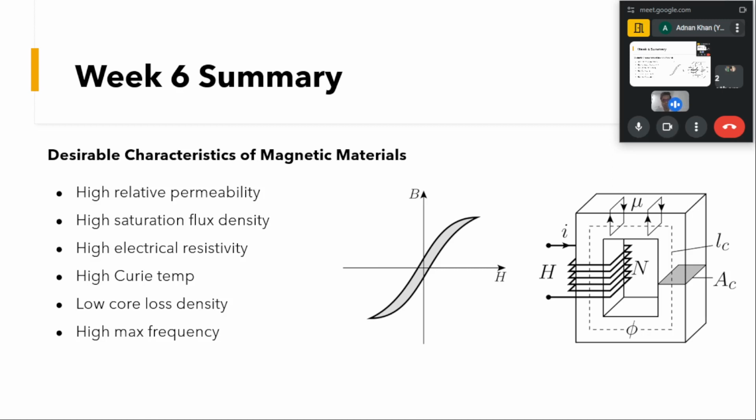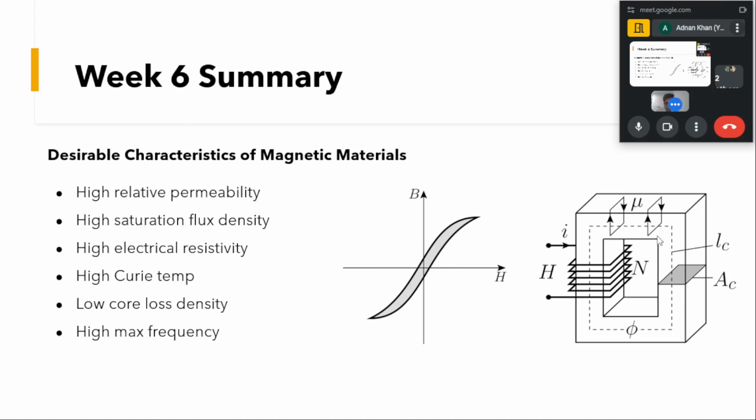If our relative permeability changes, we saw that L is equal to N squared divided by l divided by mu A_c, so L is directly proportional to mu. If mu changes, L will also change, and then we can have different parameters which can affect the operation of these converters. Sometimes after saturation, the current goes very high, and that can itself damage the devices.